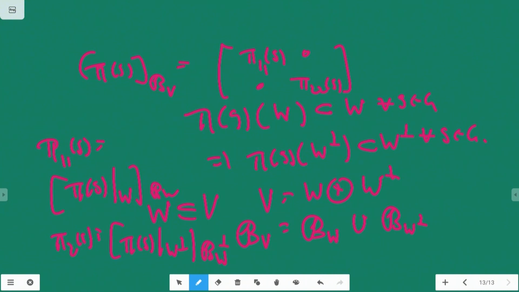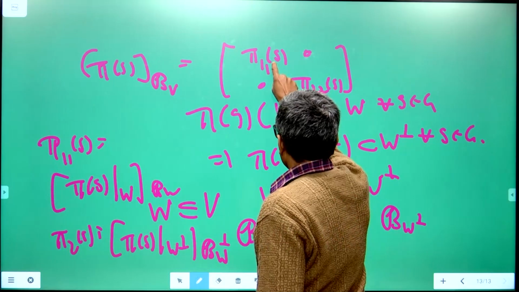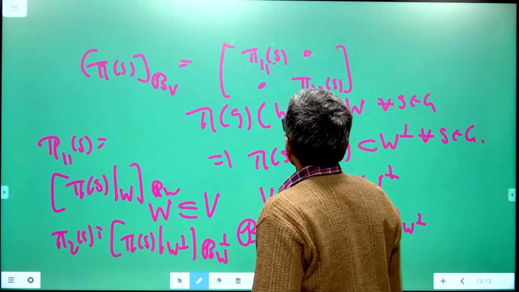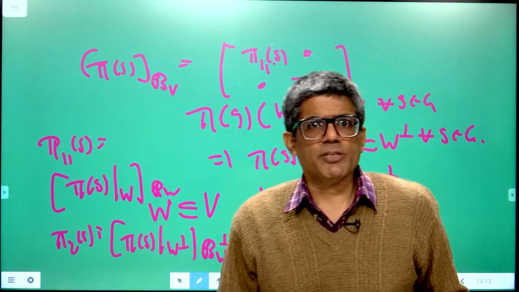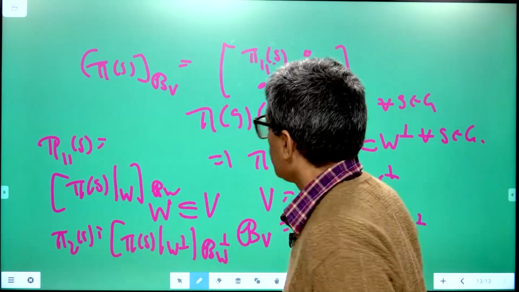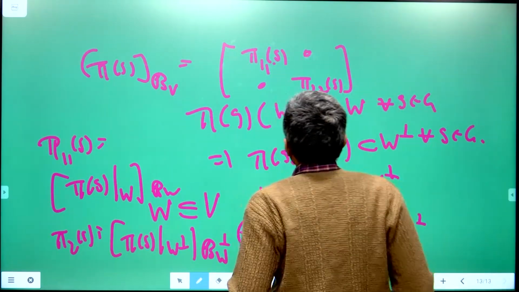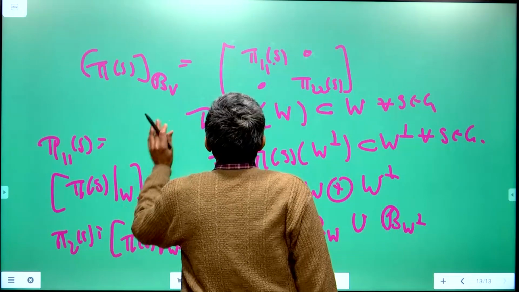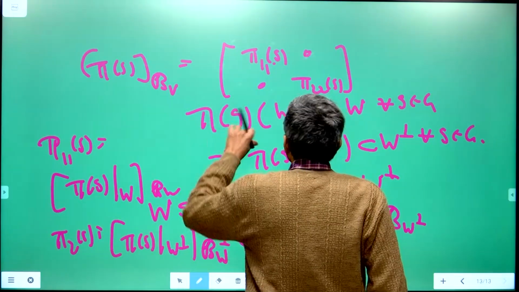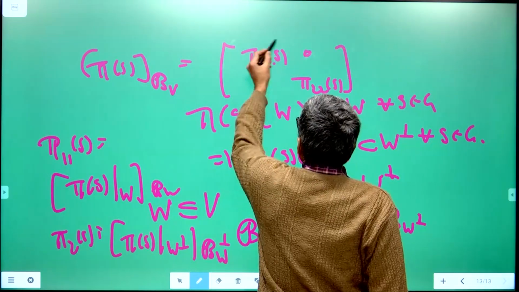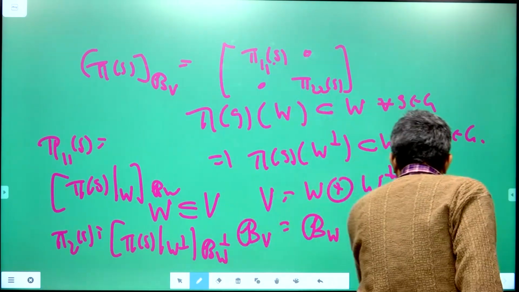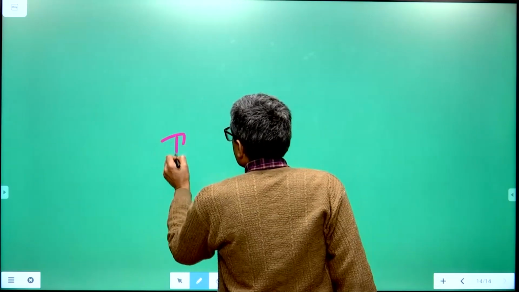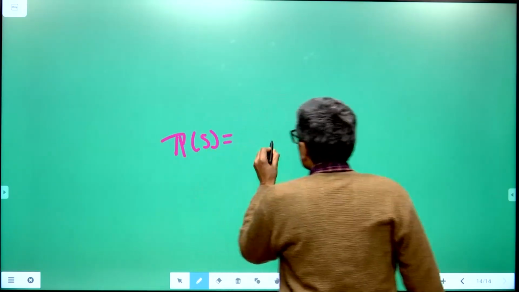And each of these will be a representation of G. Pi 1 will be a representation of G in the vector space W, whereas pi 2 will be a representation of G in the vector space W perpendicular. Like that I can go on reducing. If W has a further invariant subspace, which is again contained within W, then you can decompose pi 1 again into diagonal blocks. In this way you go on doing it. So you can write any representation as a direct sum of irreducible representations.